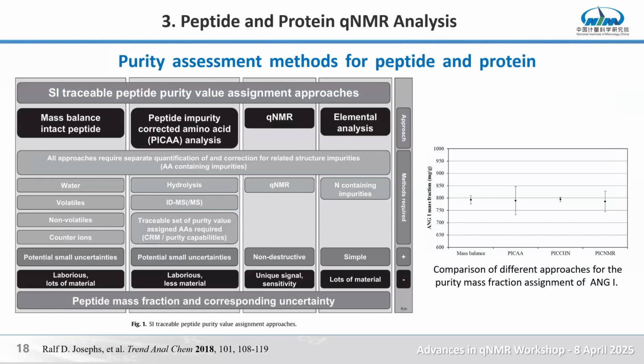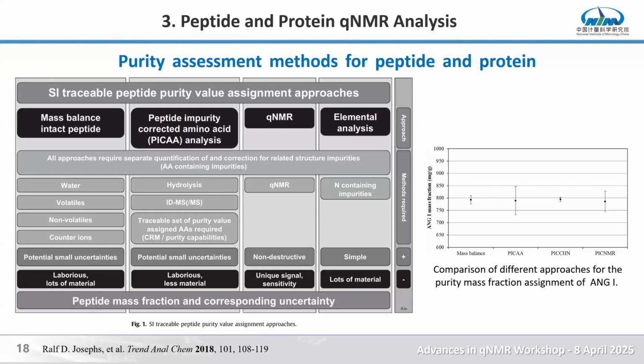So there are 3 cases compared to other methods for peptide purity assessment listed in this table. Applying qNMR to assess peptide purity is more challenging because for peptides, the NMR spectrum is always crowded due to the co-existing structure-related interference.